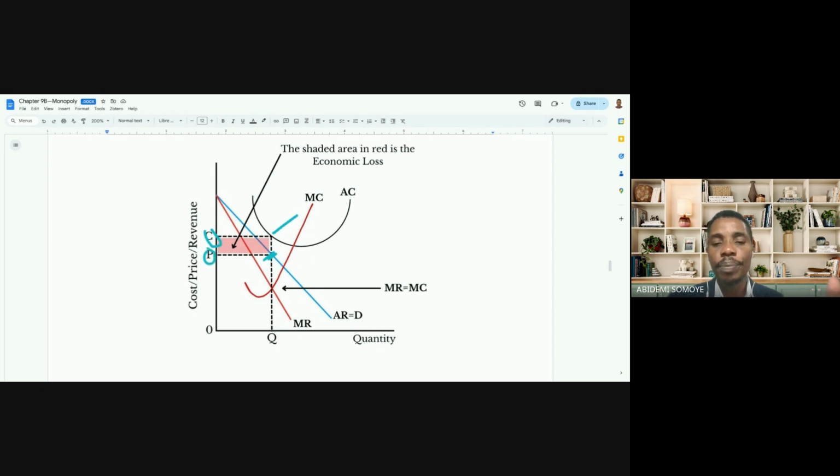So for a supernormal profit, average revenue is greater than average cost. For normal profit, average revenue is equal to average cost. And for economic loss, or subnormal profit, average cost is greater than average revenue. Average cost is greater than average revenue. Okay?